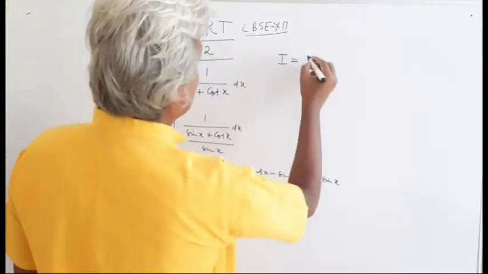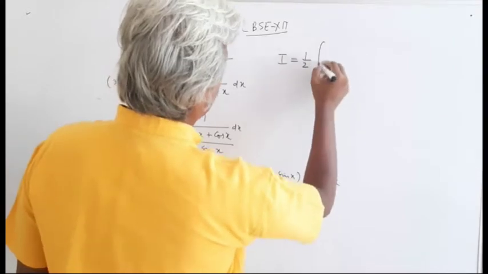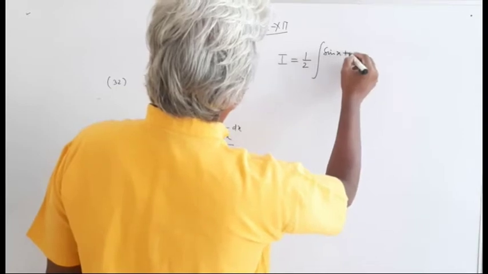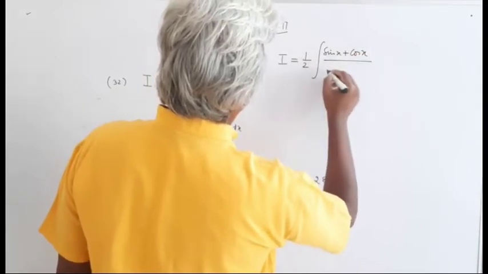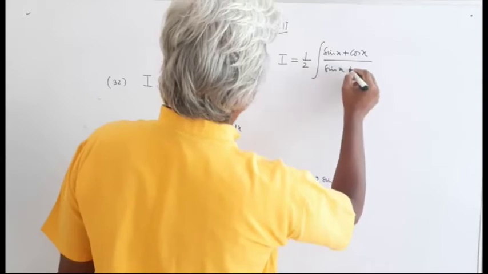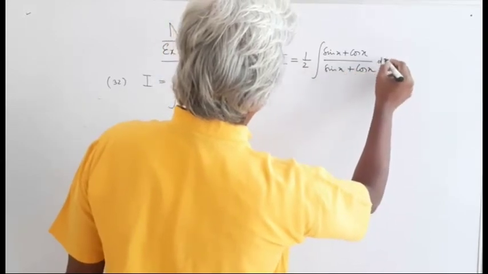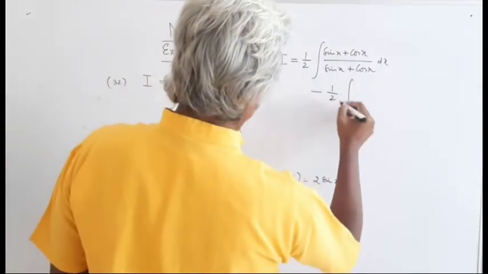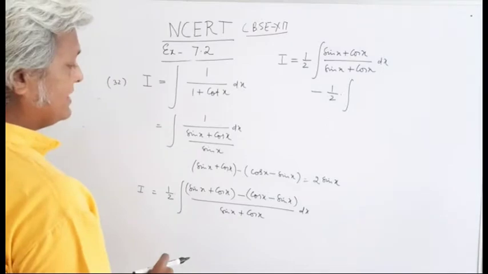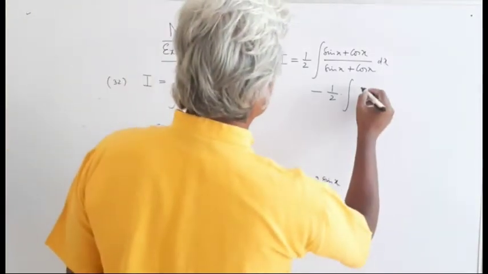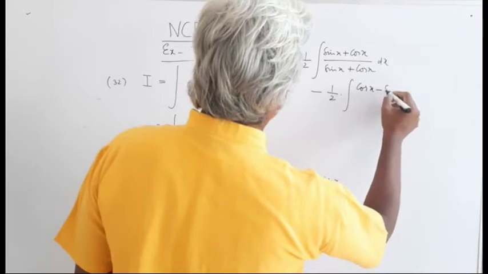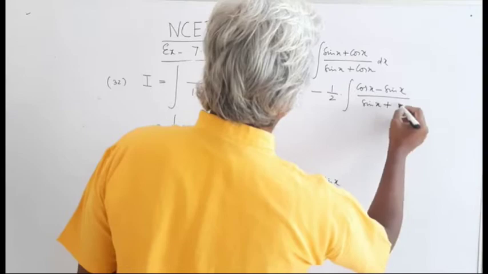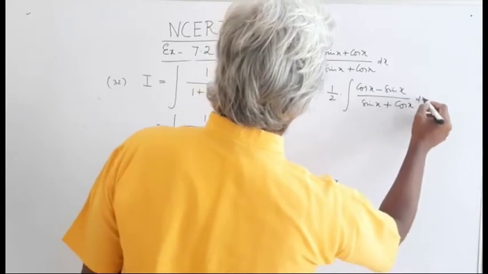So I we can write as half integration of sin x plus cos x over sin x plus cos x dx minus half integration of cos x minus sin x over sin x plus cos x dx.